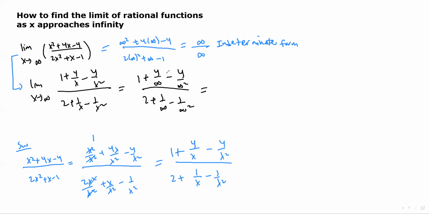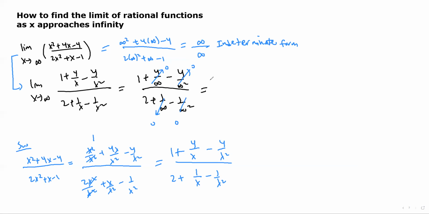Okay, so here I have 1, and then 4 divided by infinity, that's just going to give me 0, right? So a small number divided by infinity is going to go to 0. Same thing here, this time it's infinity squared, so that's actually going to go faster. So this is going to go to 0 as well. This one's 1 divided by infinity, which will go to 0, and then 1 over infinity squared, again, that's just going to go to 0 as well.